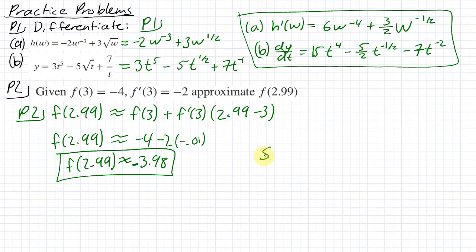Like, what do you do if you have sine of the square root of e to the t squared? I don't know. Big messy functions like that we'll deal with in other sections here. And let's get lots of practice and be ready for class, hopefully, and I'll see you then.